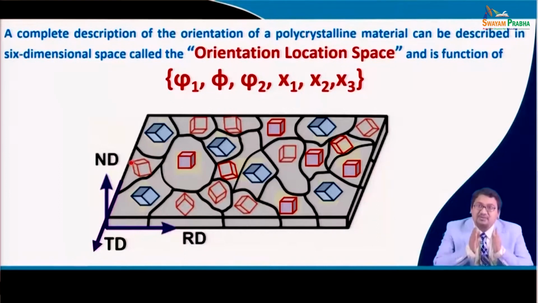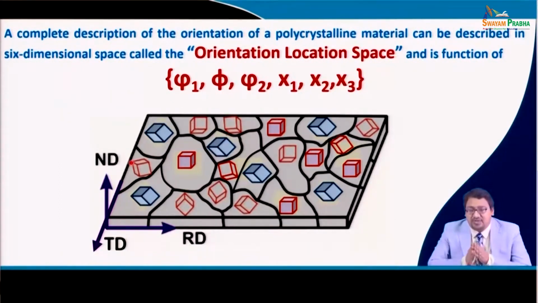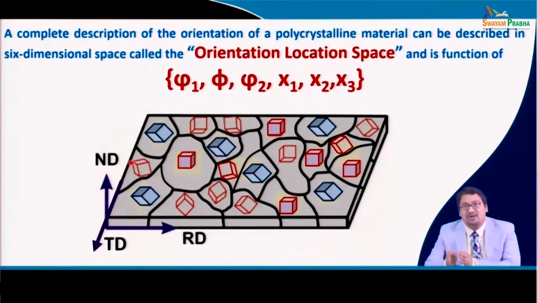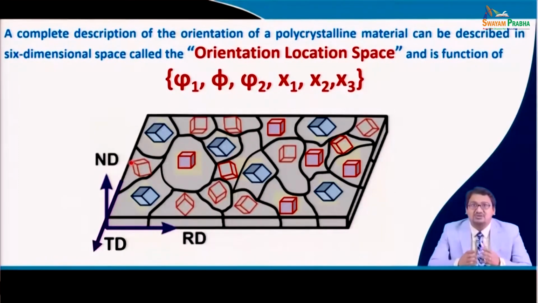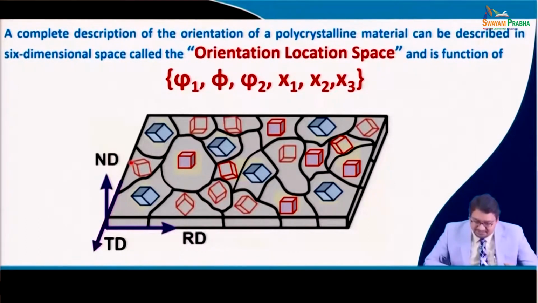So, we have from each pixel phi 1, phi 2, x 1, x 2 and x 3, and thereby we get not only the information about the whole texture of the material, but information of the texture at each and every point possible, and also the difference in the orientation or the difference in the texture between each pixel point, which will lead us to know the misorientation of the geometrically necessary boundaries, grain boundaries, etc.